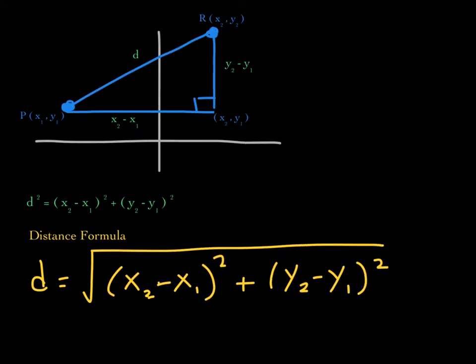You may want to make sure you remember this formula really well, because we're about to define all of our 6 trig functions and we're going to be using the distance formula to help us do that. Okay, so remember this formula really well. All right, here we go.